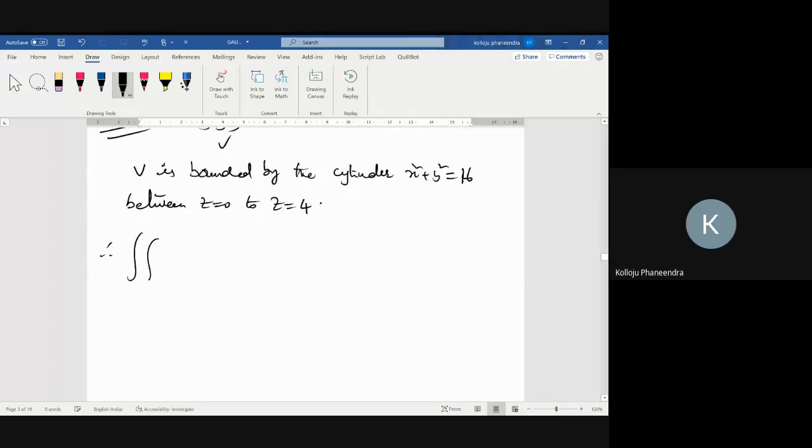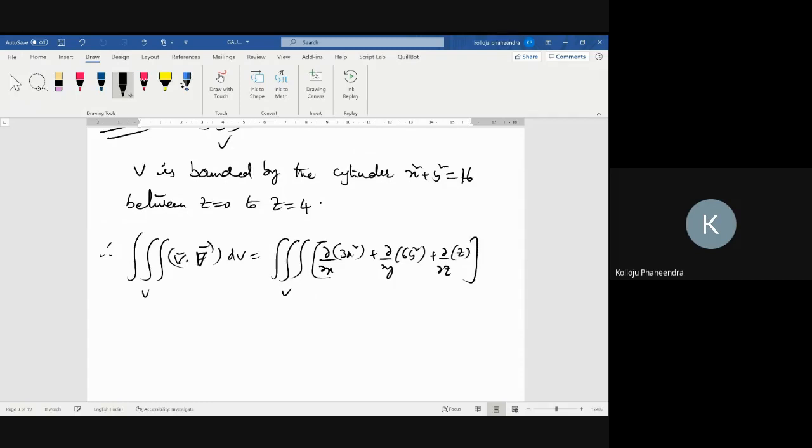Therefore, the triple integral over V of del dot v bar dV equals the triple integral over V of dou by dou x of 3x square plus dou by dou y of 6y square plus dou by dou z of z, dx dy dz.